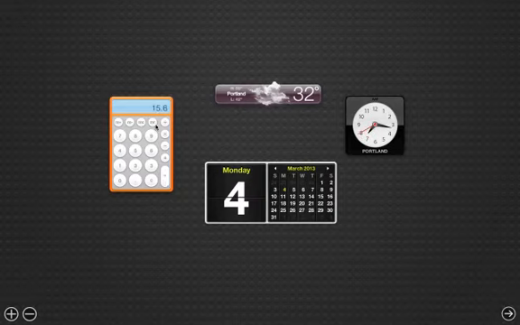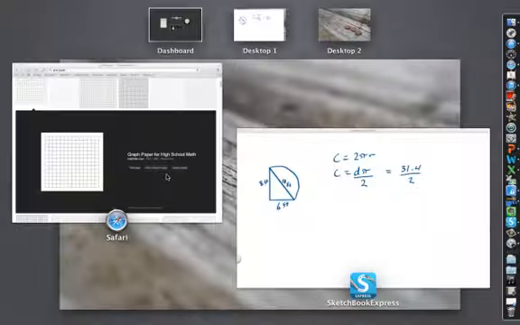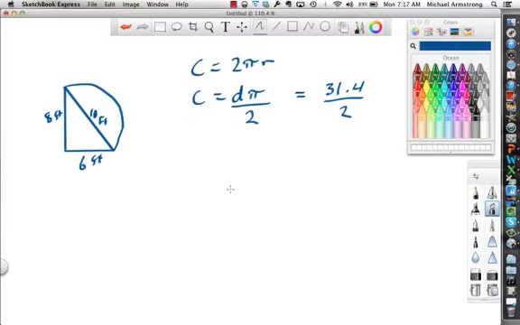I guess I'll just clear it and do it again. 31.2 divided by 2 equals 15.6. Right here. Oh, 31.4 divided by 2.